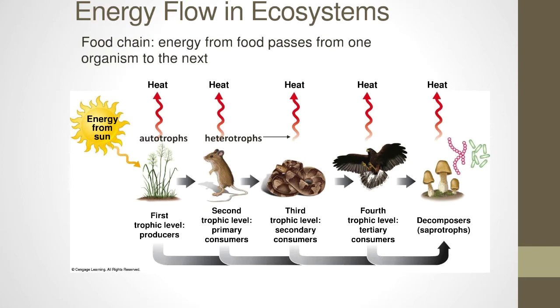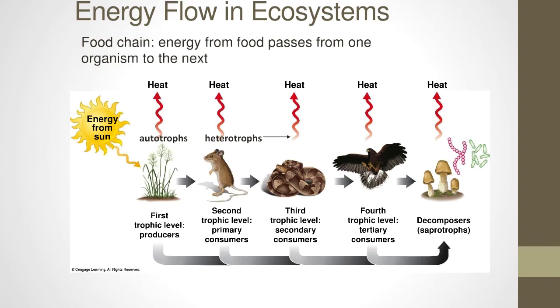But always remember that at each trophic level, energy gets lost. It's impossible to consume 100% of energy because always some is lost as heat. So think about this, because energy also has to do with how much work can be done, right? And so you can kind of think about this almost as quantity as well.